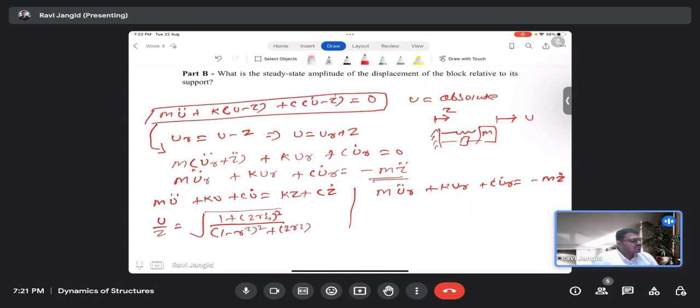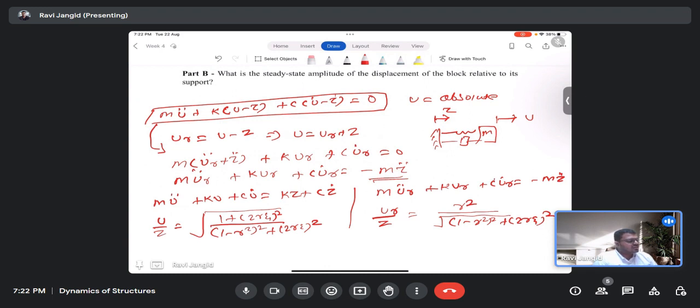And in the relative system, ur divided by z comes out to be r squared divided by the square root of 1 minus r squared squared plus 2r xi squared. The only difference is in the numerator, not the denominator.